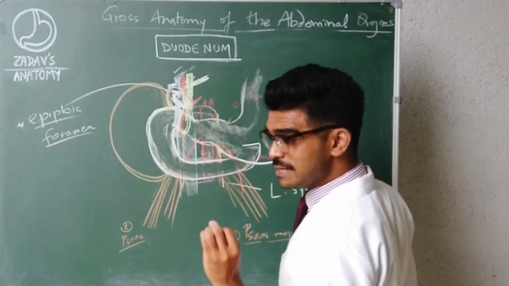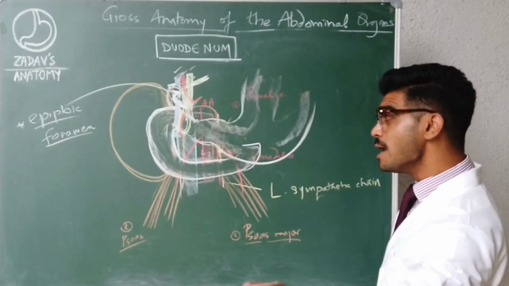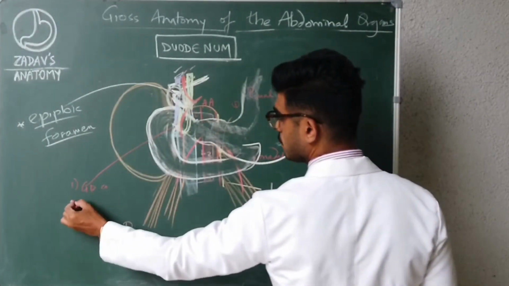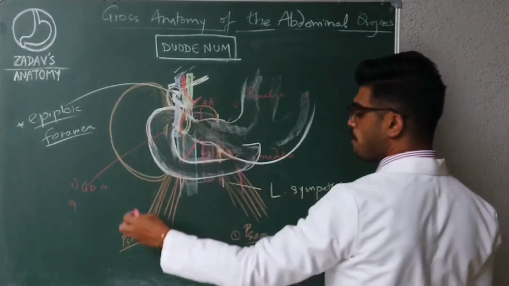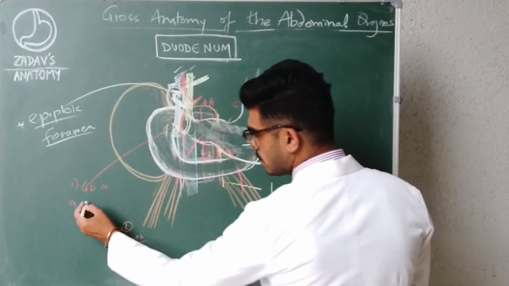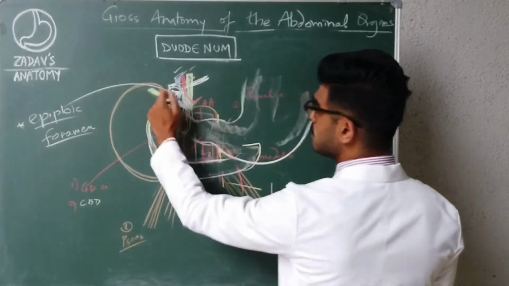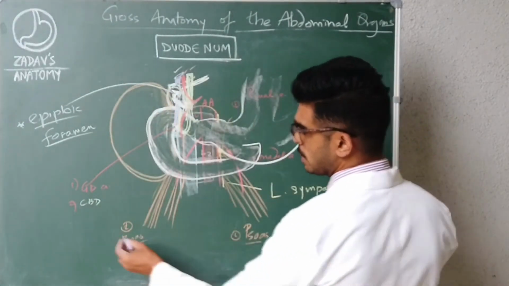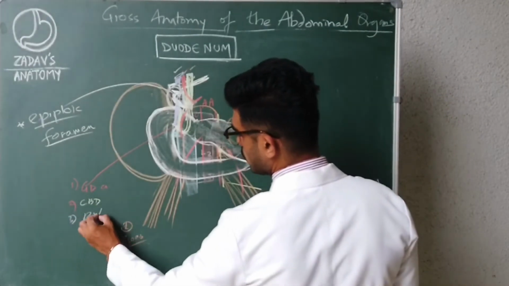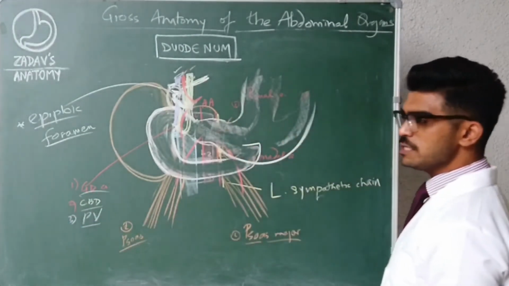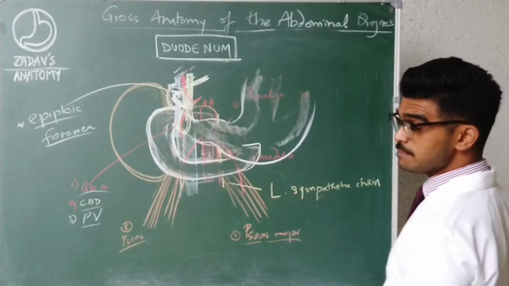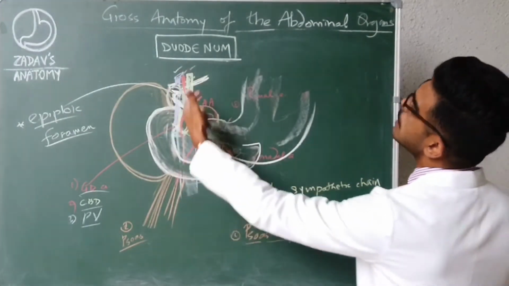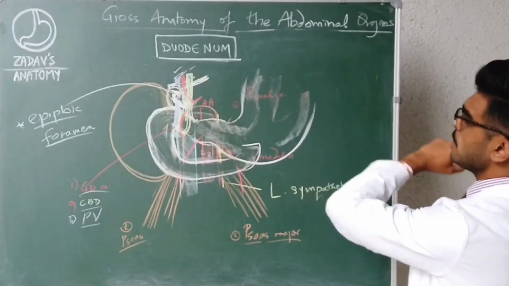The posterior relations of the first part of the duodenum are the gastroduodenal artery, the common bile duct, and this is because the common hepatic duct is now joined by the cystic duct of the gallbladder, which we shall draw in the anterior relations, and of course the portal vein. These are important because they are a continuation of the contents of the lesser omentum, which is a separate question that can be asked.